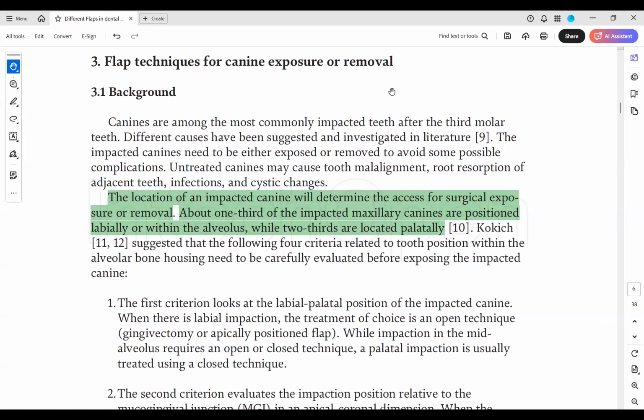So for your correct and timely diagnosis and referral, you must know the incidences and prevalences of permanent canine impactions and how often permanent laterals can go missing, right?